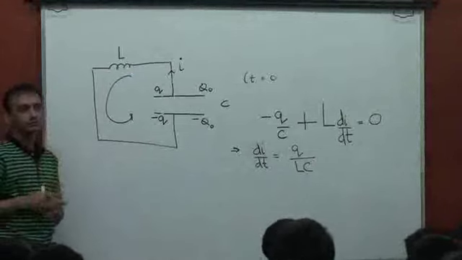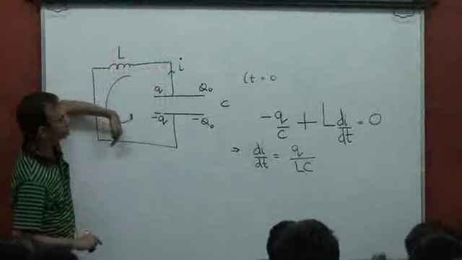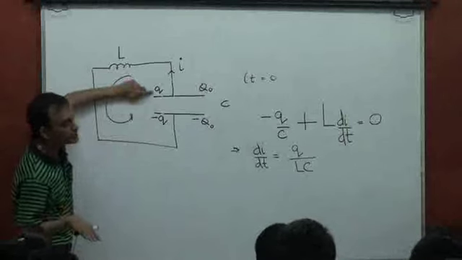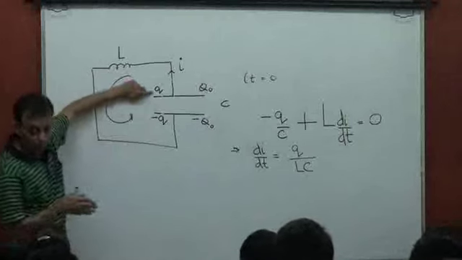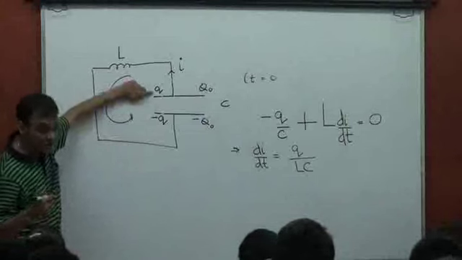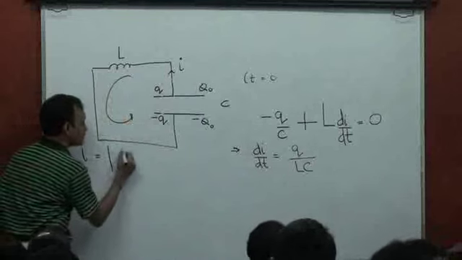Realize that if this is the chosen direction, Q is decreasing with time, therefore dq dt is negative, and I mentioned to you I would be mod dq dt.